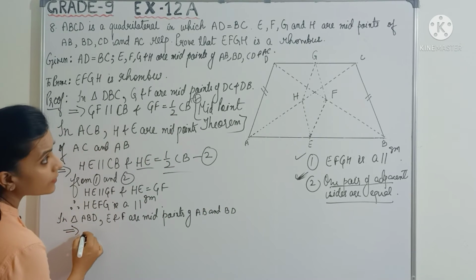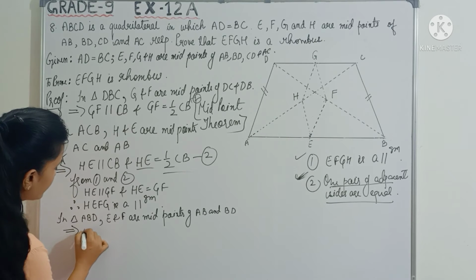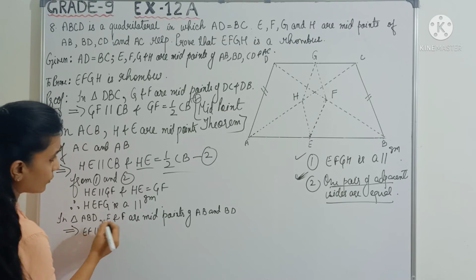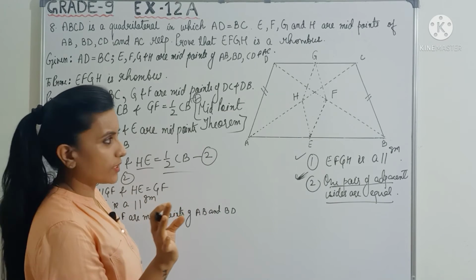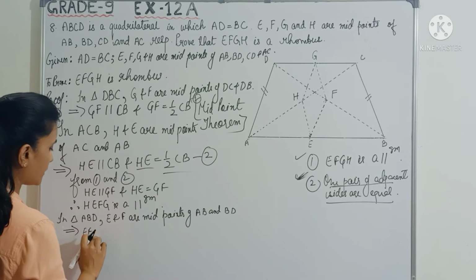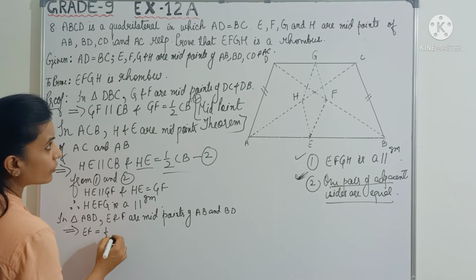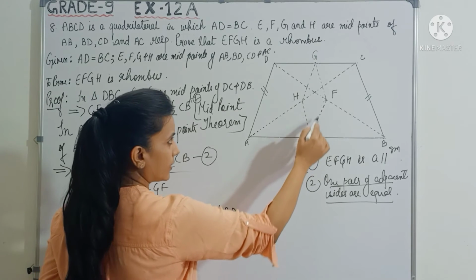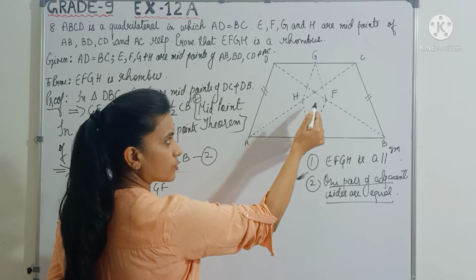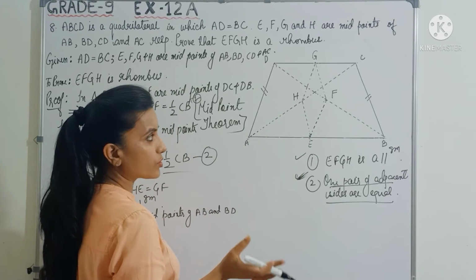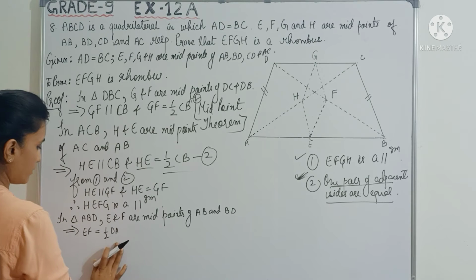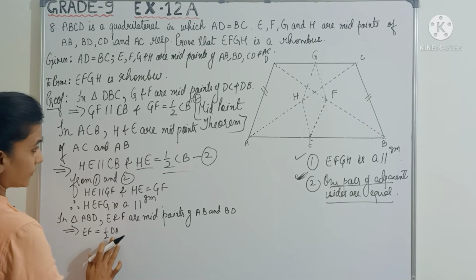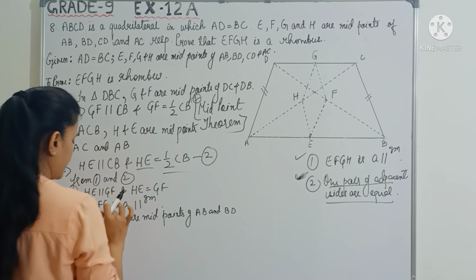This implies EF will be equal to half of DA. No need to write parallel because we are not going to use that concept. We have to show that EF is equal to EH, so we are going to use the equal concept, not the parallel concept right now. So let's just write down whatever is needed. EF is equal to half of AD.